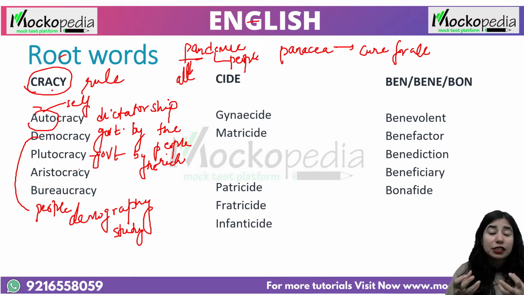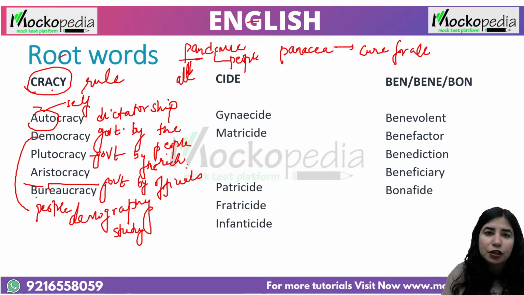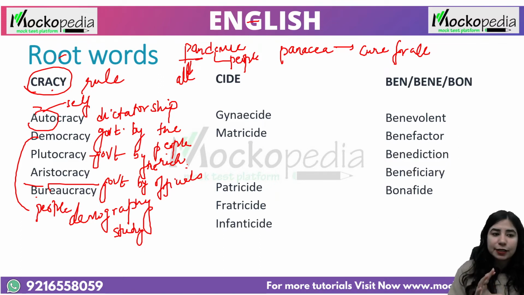So aristocracy is government by noble people. Now next comes bureaucracy. Bureaucracy is government by officials, right? I'm sure you must have heard of it, very popular in India. Government by civil servants, we call bureaucracy or bureaucrats. So I hope you are clear with these set of words.